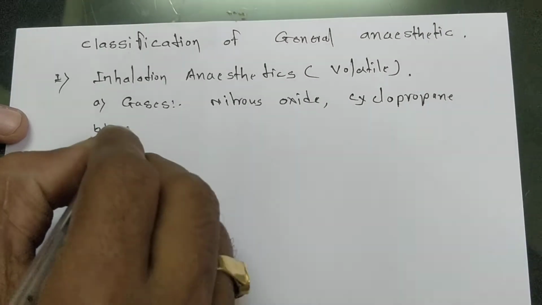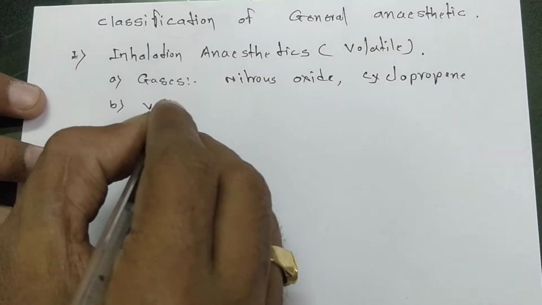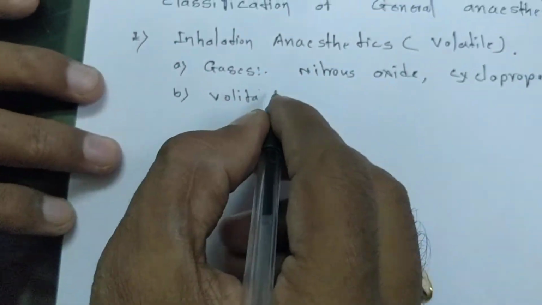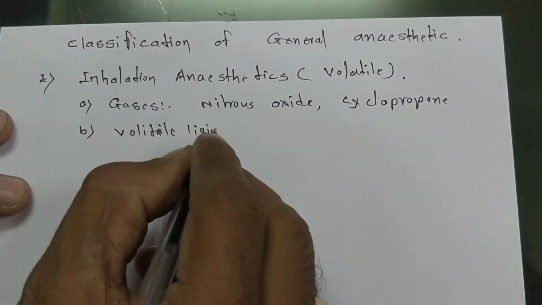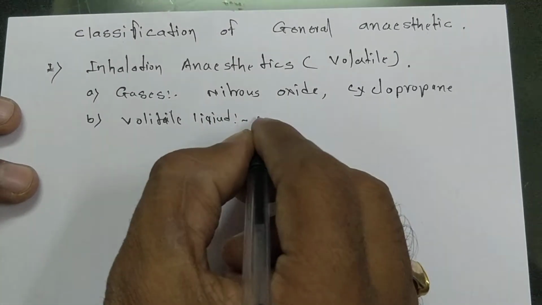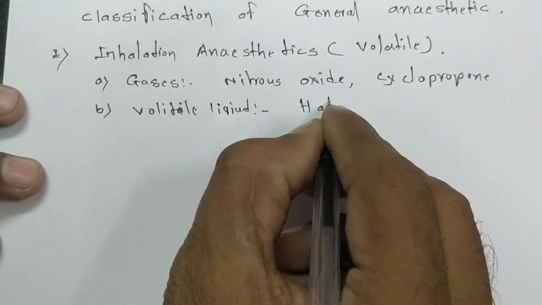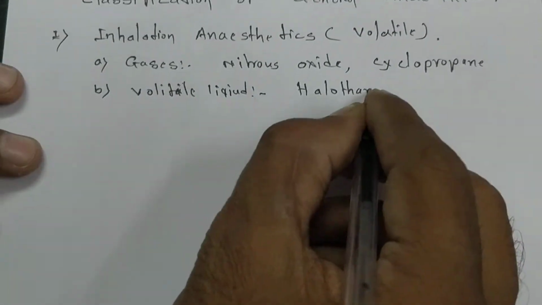B, the volatile liquid anesthetics. The most common example is halothane.